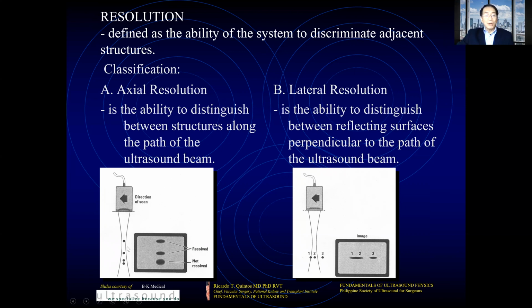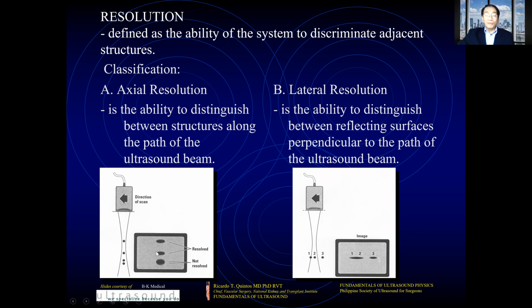As much as possible, you would like to have the organ of interest at the focal point of the beam, and you will have to adjust your machine to put the focal point to your organ of interest.